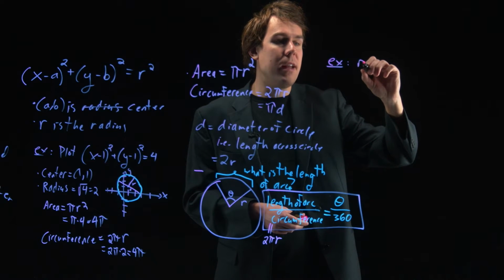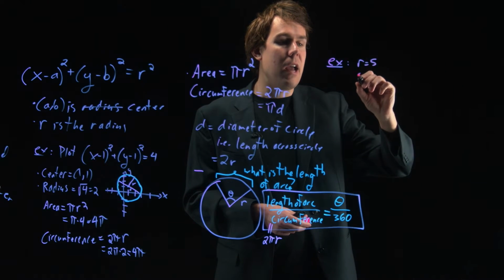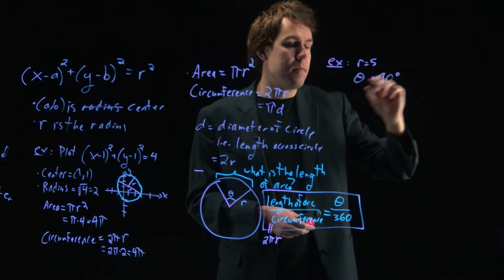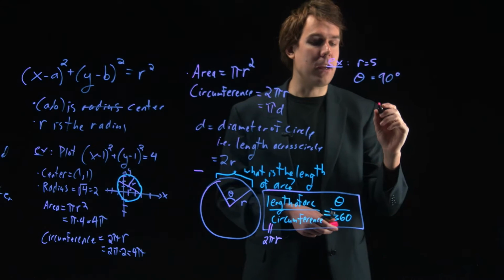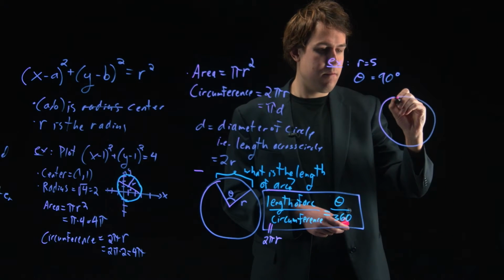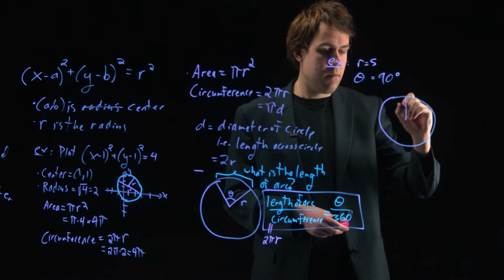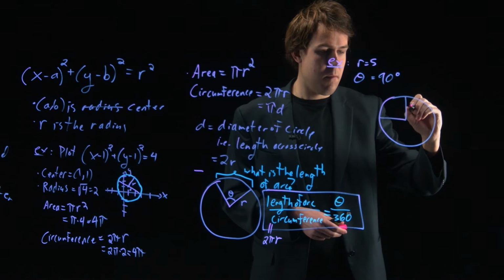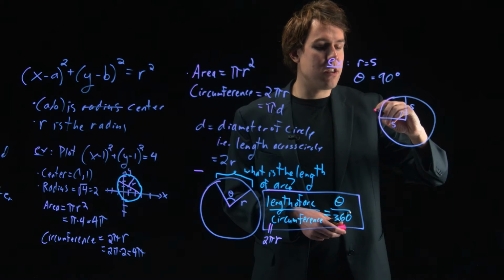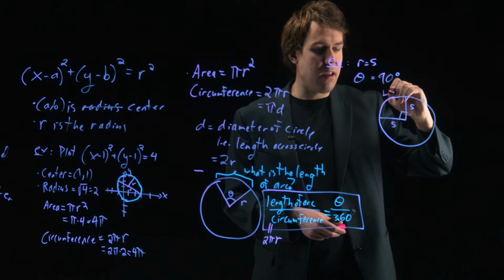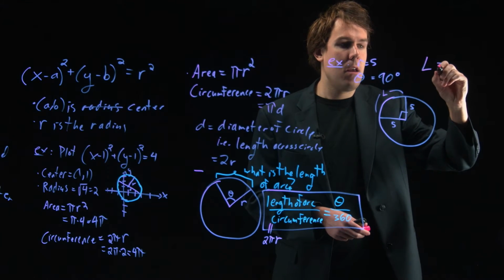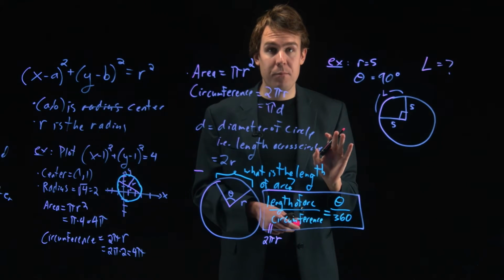Suppose I have a radius of 5 and a circular arc with theta equals 90 degrees. So the picture is something like the following. And I want to know this length L here of the circular arc. How can I compute that?